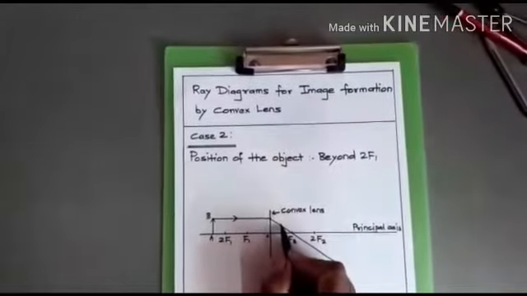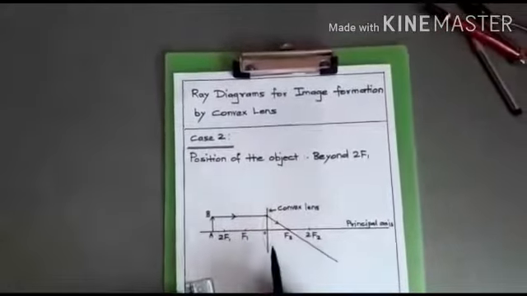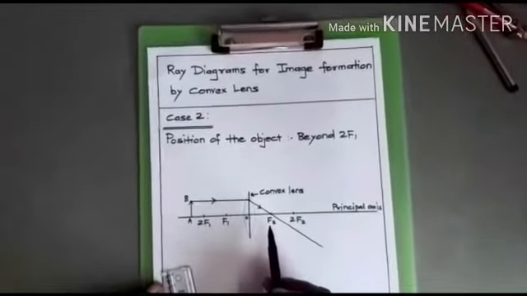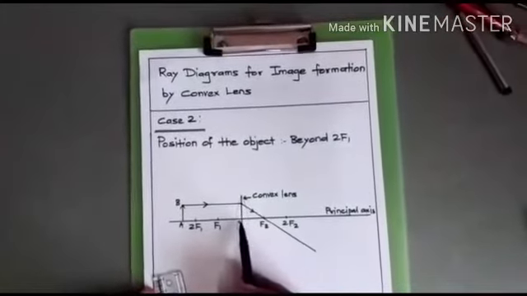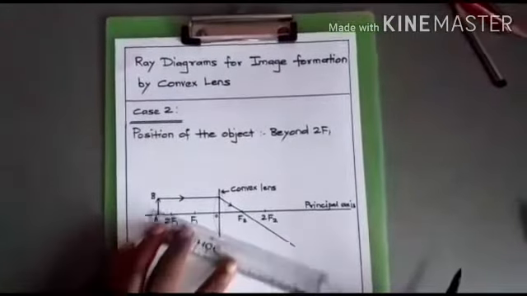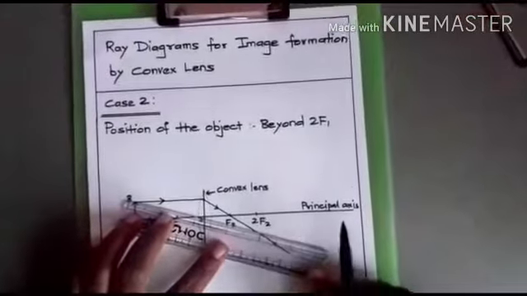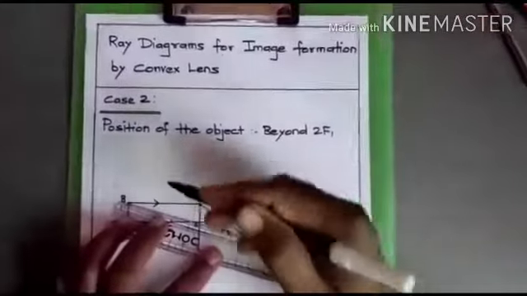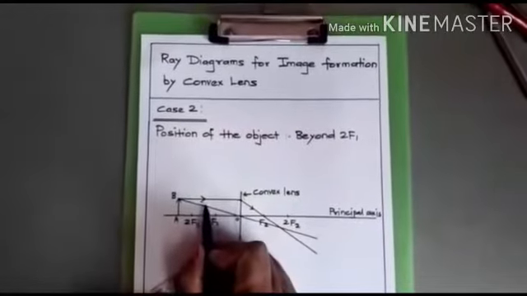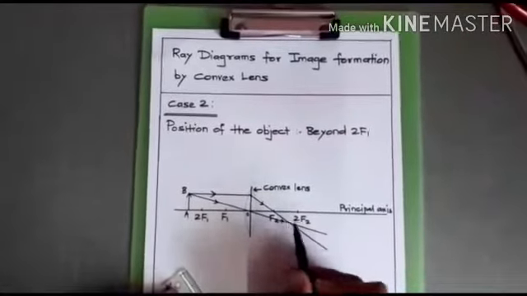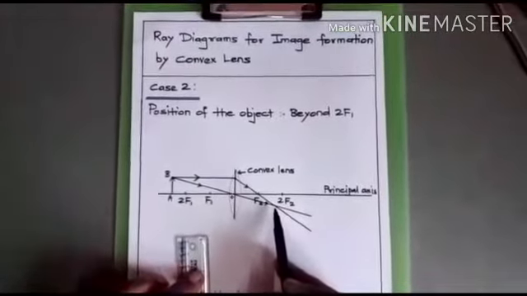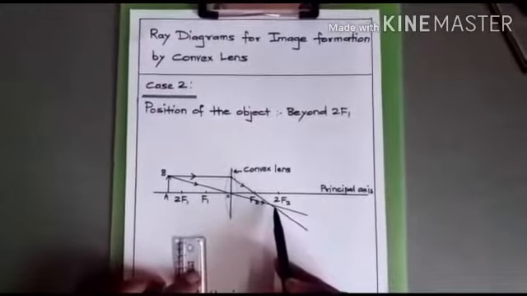For the second ray, use rule 3. When the incident ray passes through the optical center of the lens, it passes without changing its direction. The intersection of these two light rays represents the image.